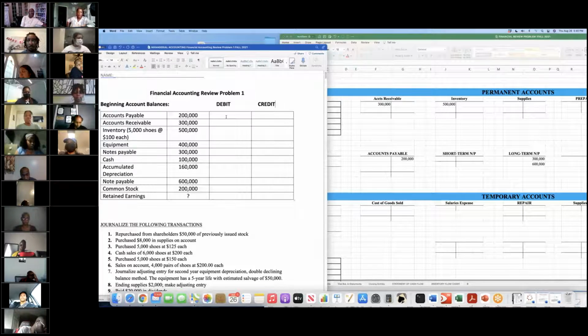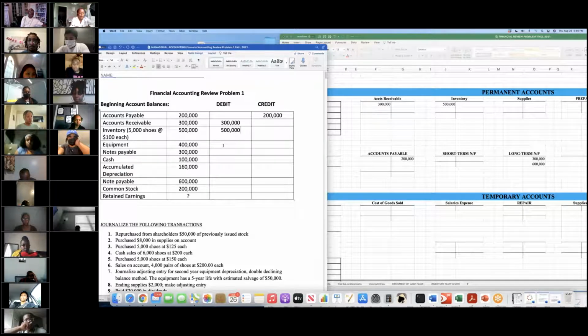So if we put these in, we said accounts payable have what? A credit balance, right? Accounts receivable, a debit balance. And we're just looking at the accounting equation. Inventory, 500,000, equipment, notes payable, credit of 300.